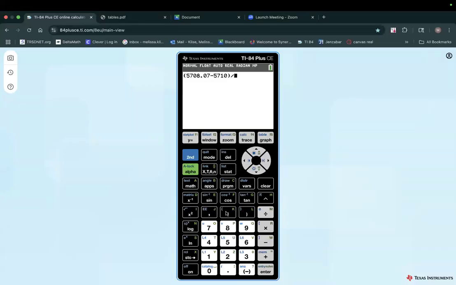Divided by parentheses 992 divided by square root of 45. And then I have to arrow out of your radical and then close the parentheses. So this t-score is negative 0.013. That makes sense? Good so far?